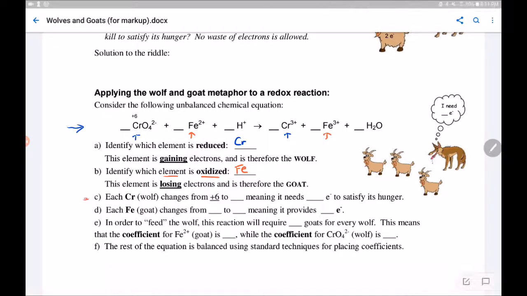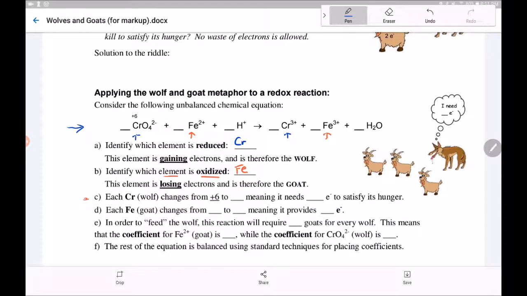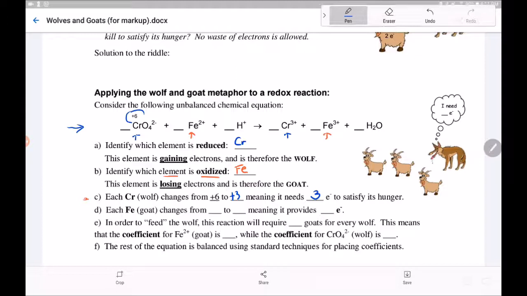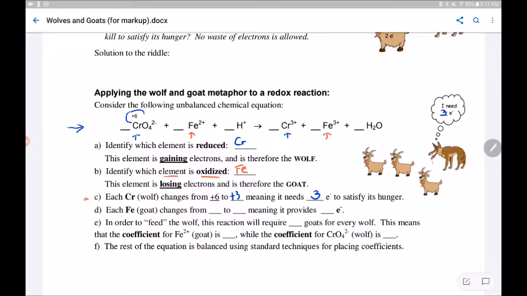Now we're on C. Each chromium changes from +6, we've seen that, to +3, meaning it needs 3 electrons. It's the difference between +6 and +3. 3 electrons satisfies its hunger. We can put that in the cartoon.